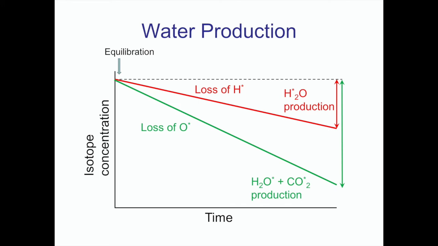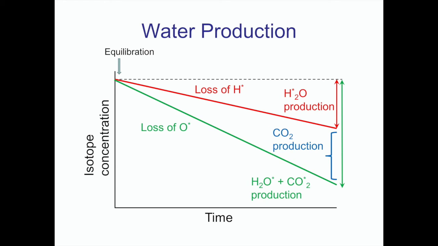However, the labeled oxygen will be lost both as water molecules and as carbon dioxide molecules, so its dilution gives you both the input of metabolic water and also the production of carbon dioxide. Therefore, the difference between the water production line and the water and CO2 production line equals your carbon dioxide production. Another way to measure metabolic rate.